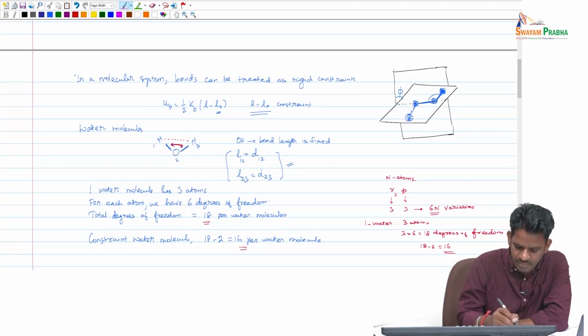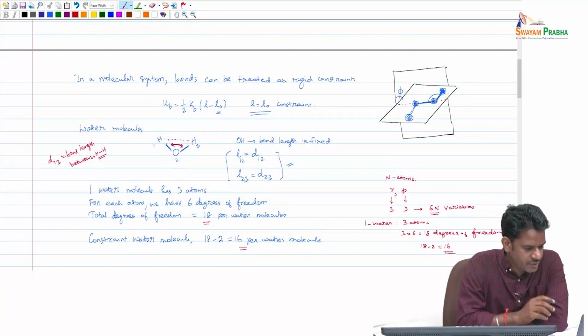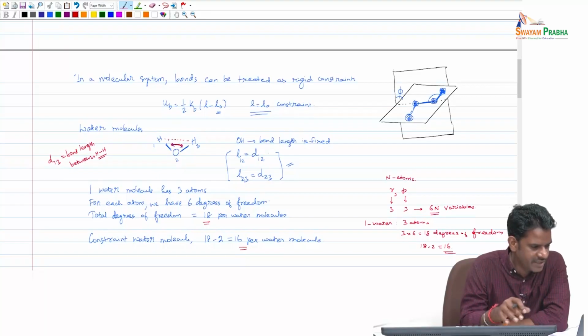So, you can think of another bond which we call d23, which is the bond length. There is no actual bond, but you can think of some virtual bond length between H and H. If you keep this constant, what you are essentially doing is fixing the angle between the OH bonds. In the actual simulation, this is what is being done, and I thought I will discuss this in the next class.